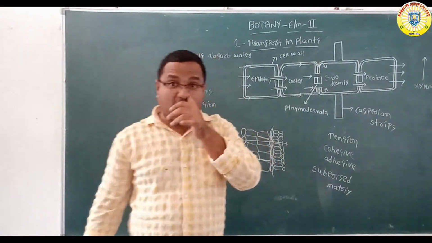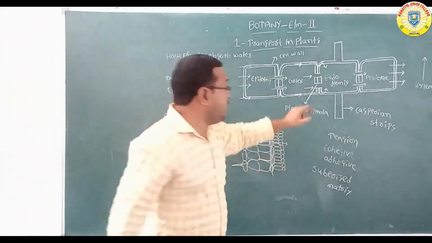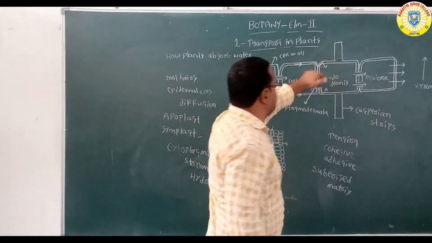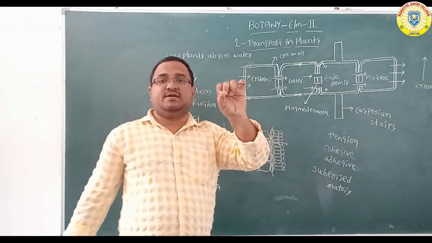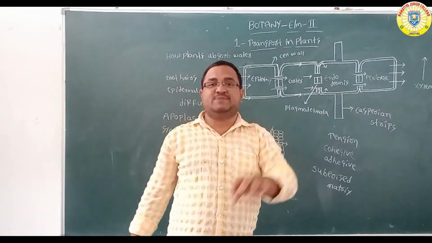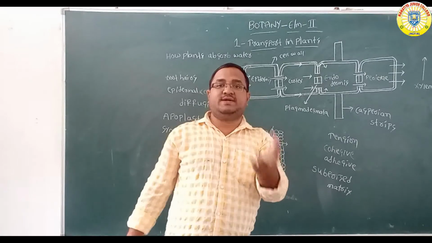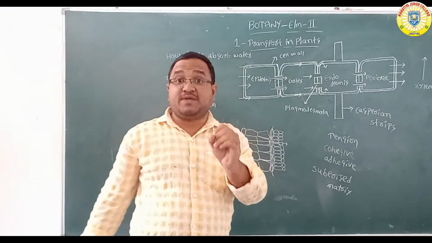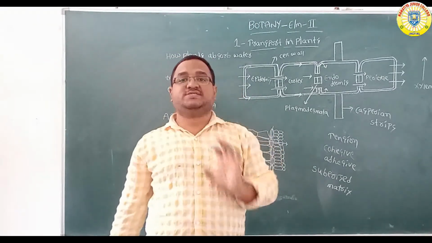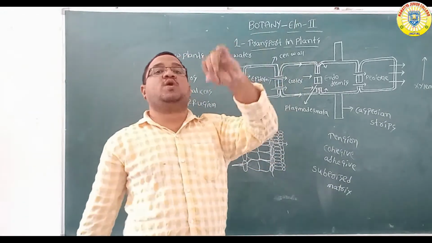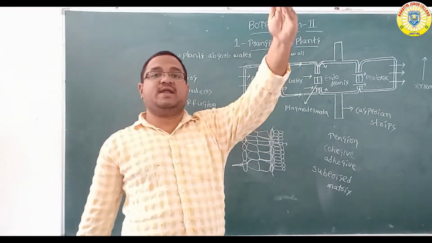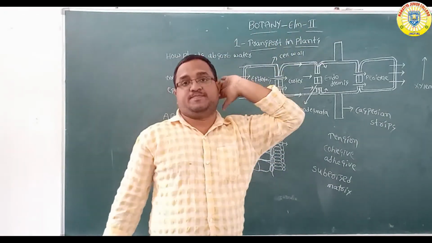So the movement of water is symplastic in endodermis. Because of the presence of Casparian strips, the water movement is symplastic only in endodermis, then finally reaches the membrane and the xylem.